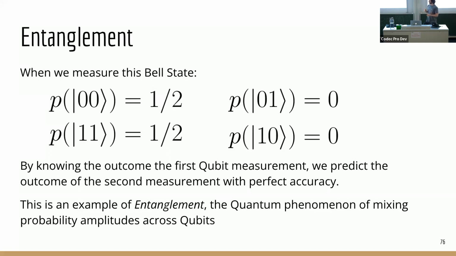And you and I both agree to measure our qubits at the exact same time, such that even if we could communicate at the speed of light, there's no way that you could know the outcome of my measurement before you make your measurement. What will happen, or what the math will tell us, is that we will always make the same measurement. And this phenomenon is known as entanglement.